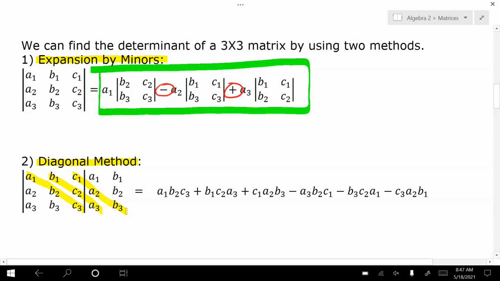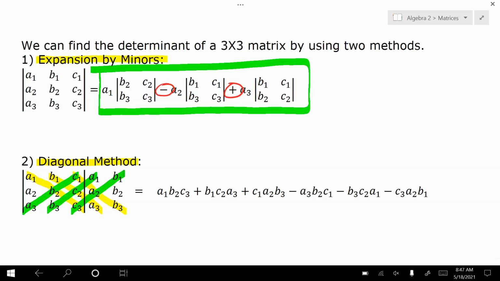Now for the second set of diagonals, we start at the bottom left corner with that A3 term, and we go diagonally the other way. The other 3 diagonals are going to be over on this side. And you'll notice that those last 3 all have minus signs in front of them.